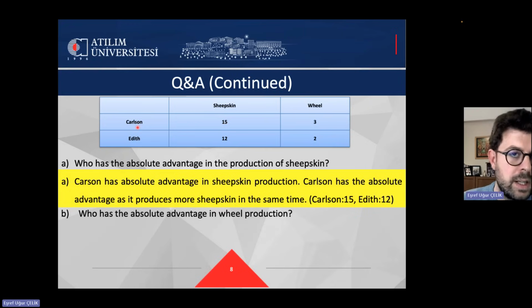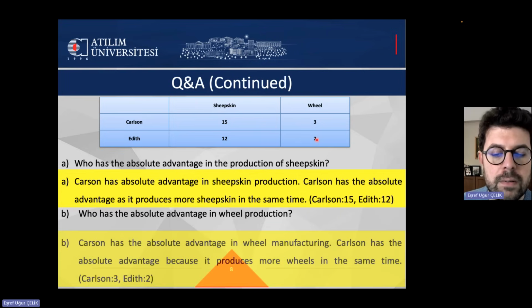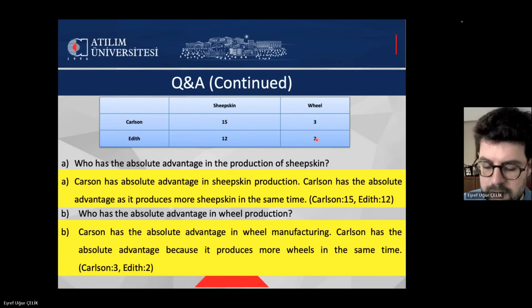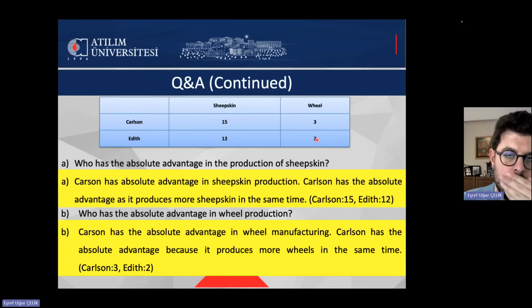Again, we can compare the level of production. Carson produced 3 veal and Edith produced 2 veal. Again, Carson produced more veal than Edith, so Carson also has absolute advantage on veal production. Okay, that's very easy to get. We just look at the level of production in absolute advantage.